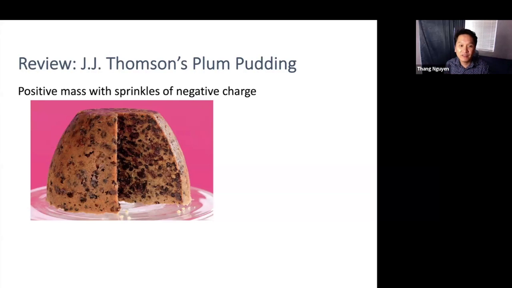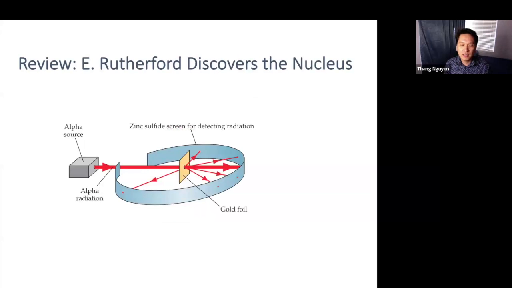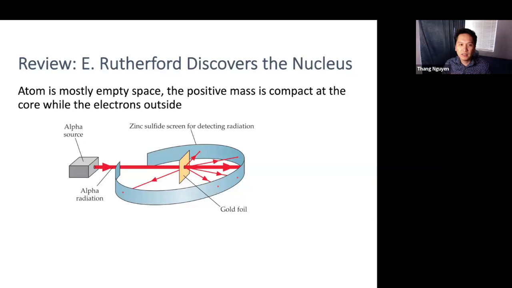Then this idea was further refined with the gold foil experiment by Ernest Rutherford, who said that the mass is actually very small and right in the center of the atom, and he defined it as the nucleus. The nucleus is the massive part, with positive protons and also neutral neutrons.